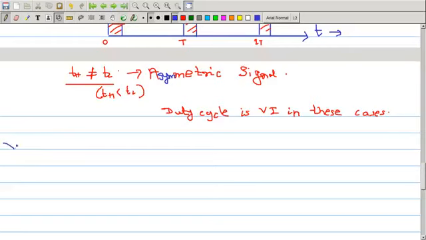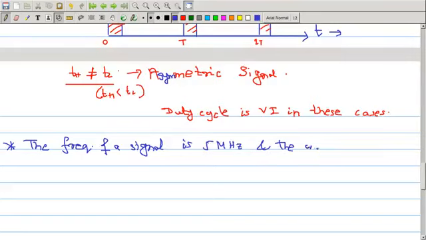The problem is: the frequency of a signal is 5 megahertz and the width of capital H is 0.05 microsecond. Find the duty cycle of H.